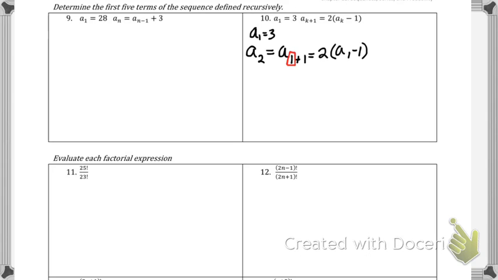12. For 12. So this one's going to be, well, 2n minus 1 factorial would be 2n minus 1 times 2n minus 2 times 2n minus 3, and we just keep going from there.